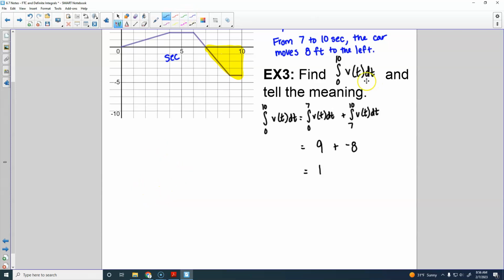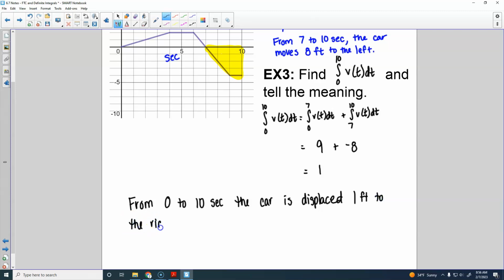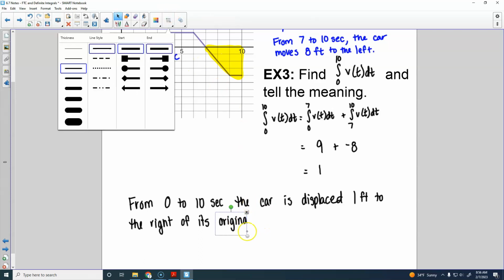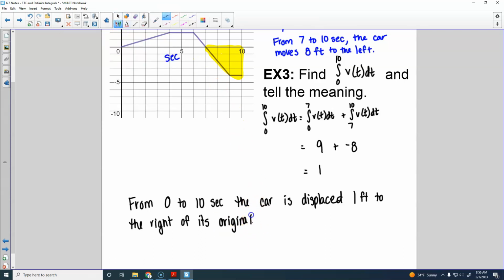We will also always want to start with the time period that it's happening. So that's 0 to 10. So from 0 to 10 seconds, the car is displaced 1 foot to the right of its original position at t equals 0 seconds.